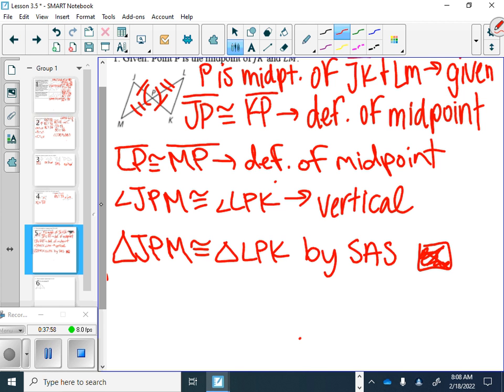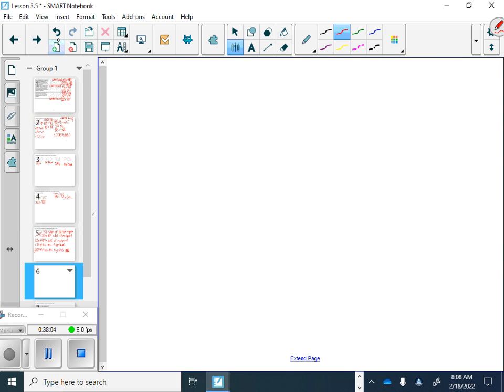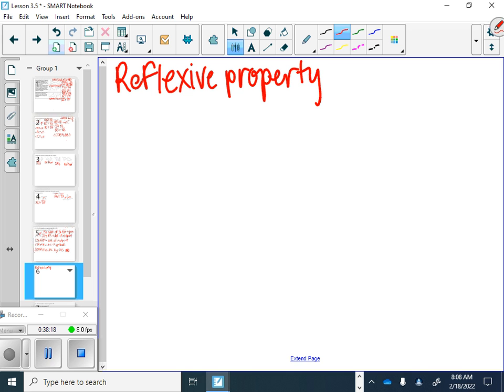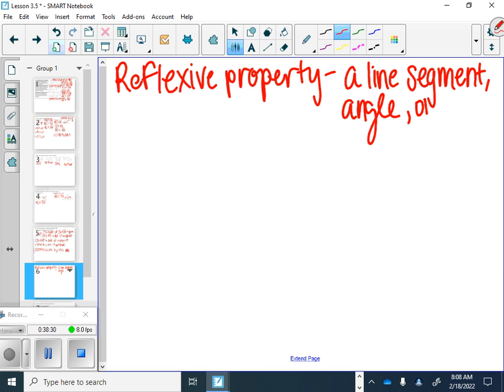Alright, before we talk about number 2, let's give a definition for reflexive property. I simply put this on the top of the back page. The definition of reflexive property. Right, reflexive, not reflective, with an X. Reflexive property is just saying that a line segment, angle, or shape is congruent to itself.